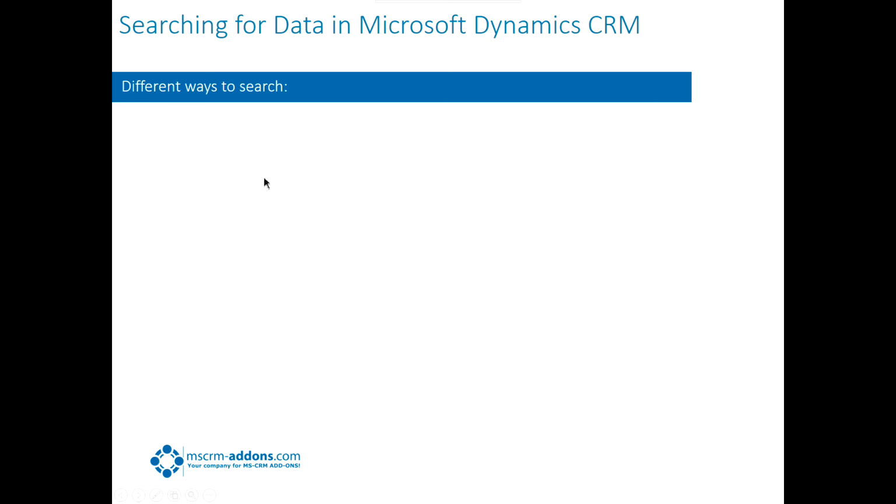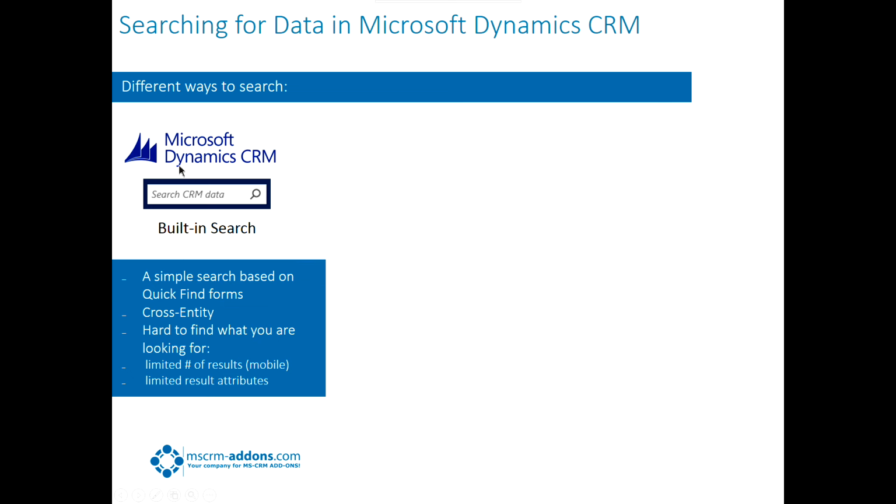So I just want to talk briefly about searching for data in CRM. There are a couple of different ways to search for our data inside of CRM. The first one is the built-in search. It's a simple search based on your quick find forms. It's a cross-entity search, so it searches across all entities inside of CRM.